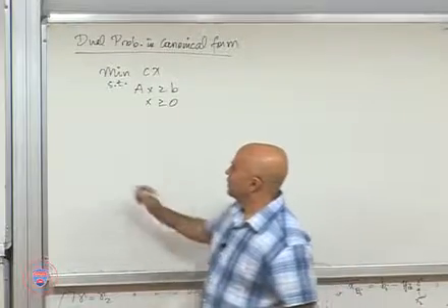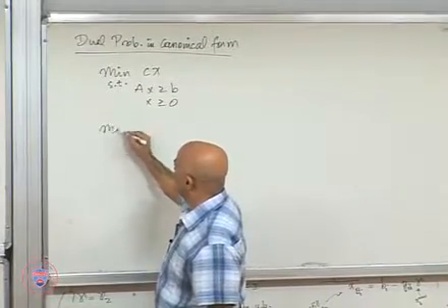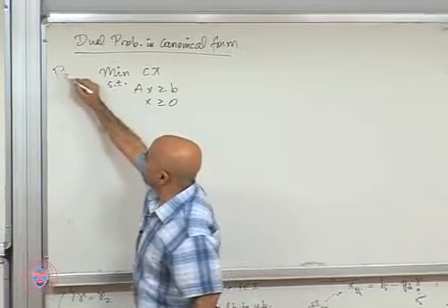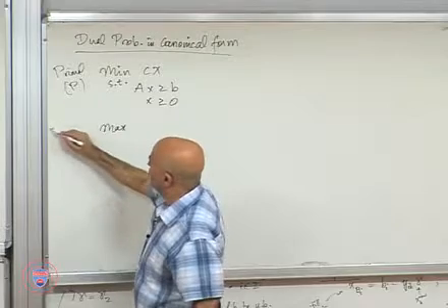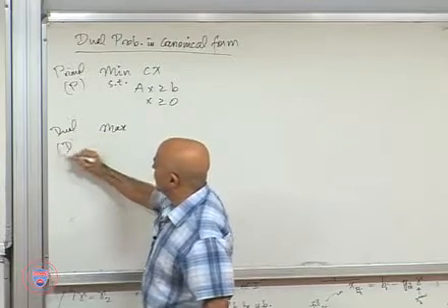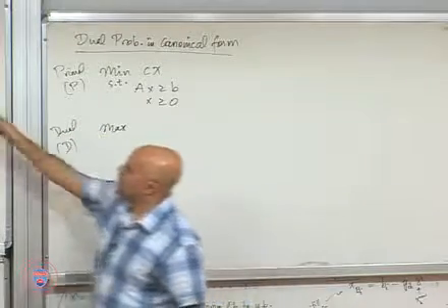If you do that, and call this the primal, P, the dual is a maximization problem as here.